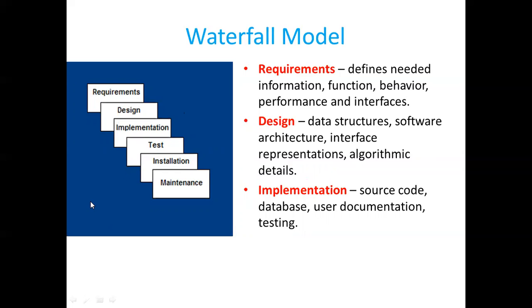Beta and alpha, everything will be done in testing only. Once beta and alpha testing is done, then we go for production, actual production to the final customers. Even in the testing we do the installation when you want to deploy as a beta version.